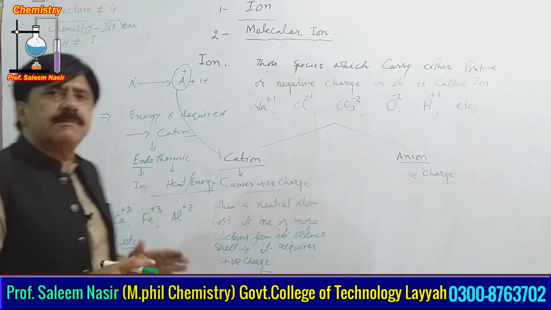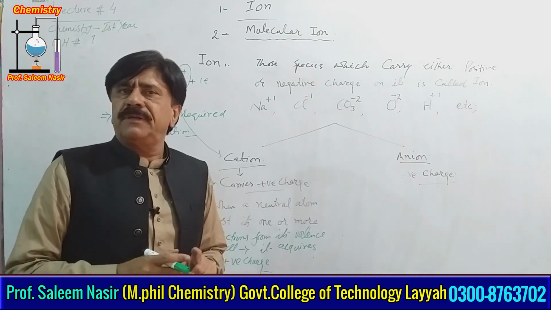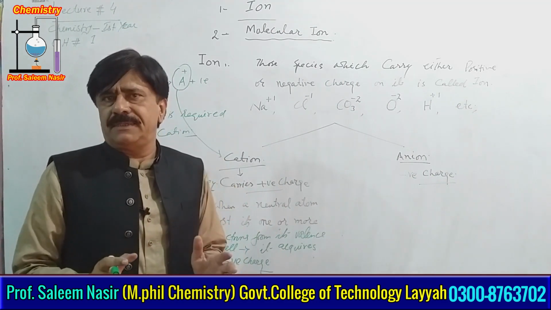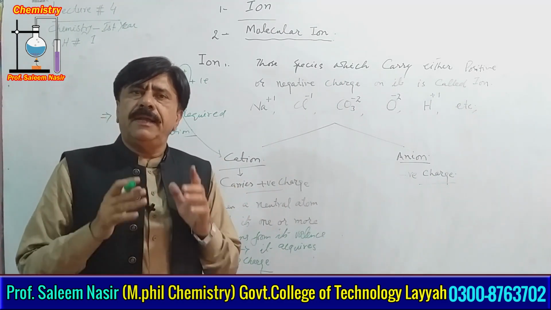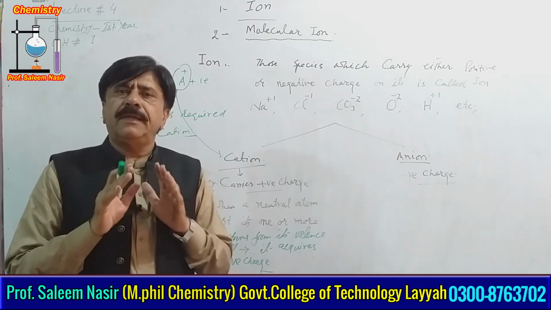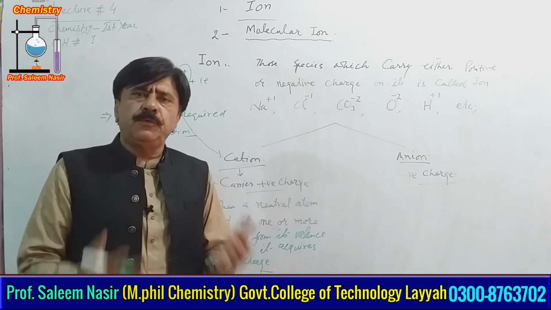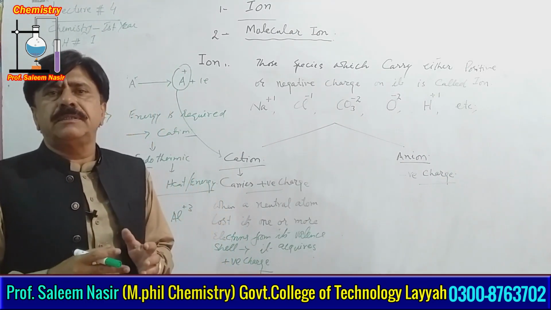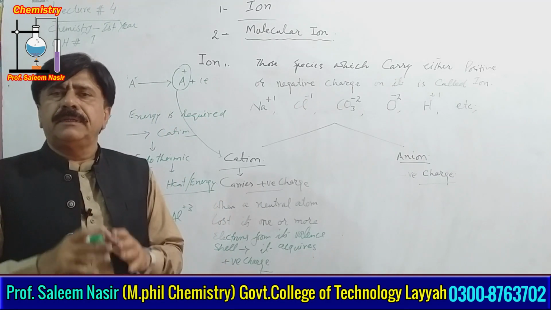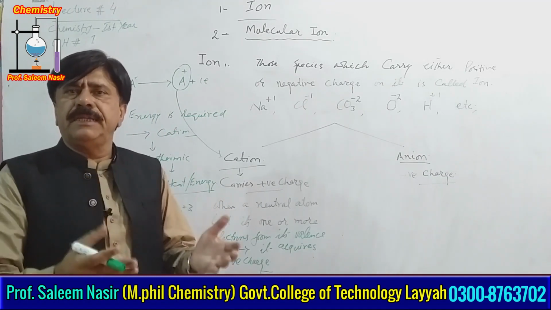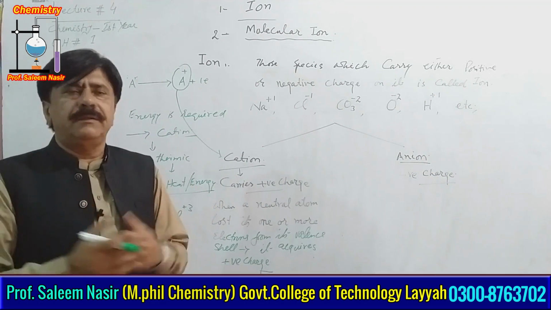If an atom loses one electron, then it will carry one positive charge. If an atom loses two electrons, then it will carry two positive charges. If an atom loses three electrons, then that cation will carry three positive charges, and so on.